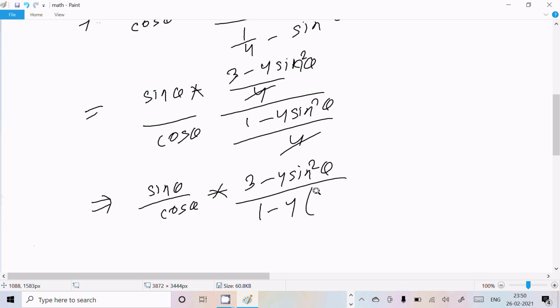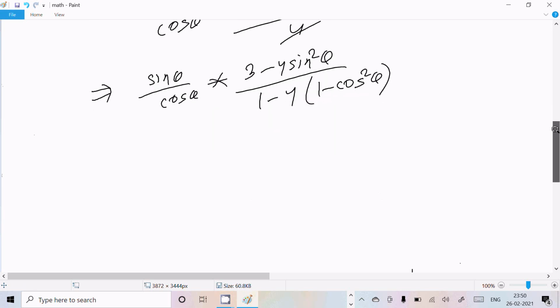So this is going to convert into cos square: we can write sin square theta equal to 1 minus cos square theta. Now multiply with this all, so here it becomes 3 sin theta minus 4 sin cube theta.